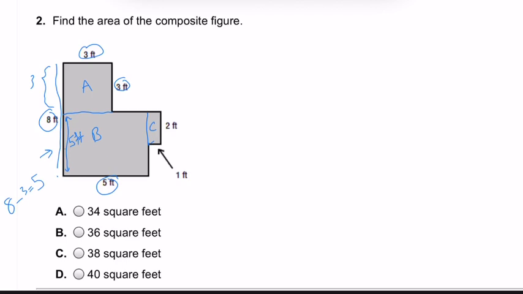Now the last rectangle, rectangle C, has a length of 2 and a width of 1. Now let's find the area of each rectangle. We will start with A. A has an area of 3 by 3, which is 9 feet.